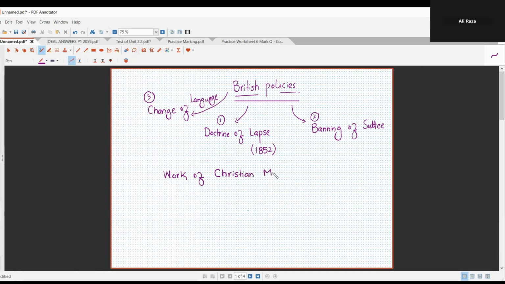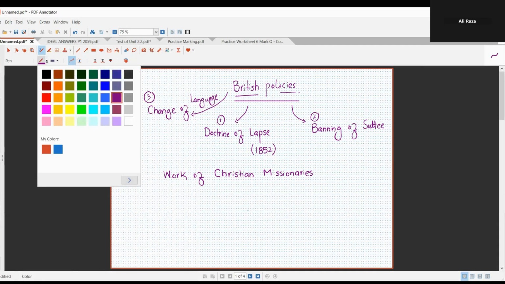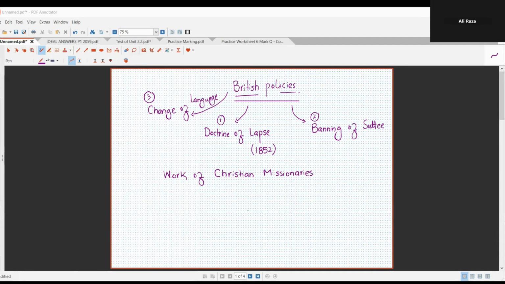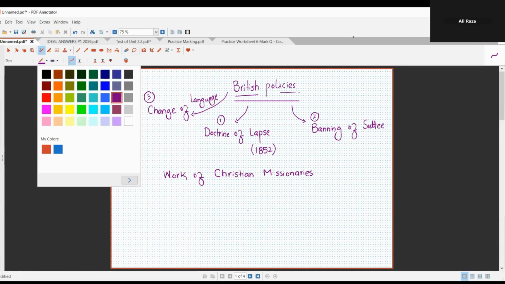Now, whatever the examiner has given us in the question is known as side one. अब यहाँ पे उसने कह दिया है कि क्या Christian missionaries का काम करना in India was the most important reason, जिसकी वजह से जो Indians थे वो उस चीज को पसंद नहीं कर रहे थे.